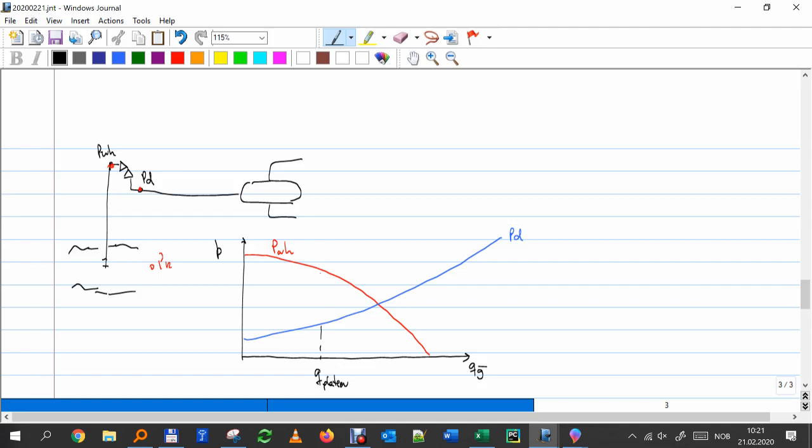Usually I have this case, during the plateau period. So what do I have to do? I have more energy, more pressure than what I actually need, right? So I have to bridge it. I have to take it down with the choke, right?